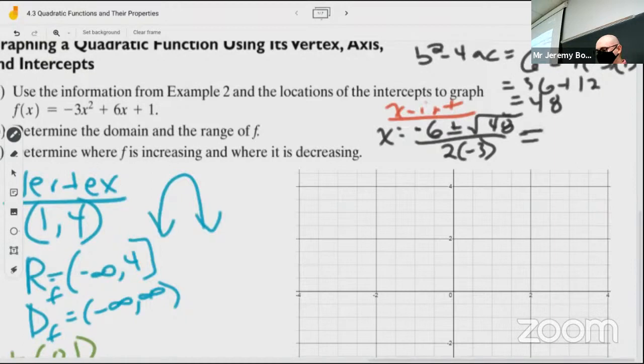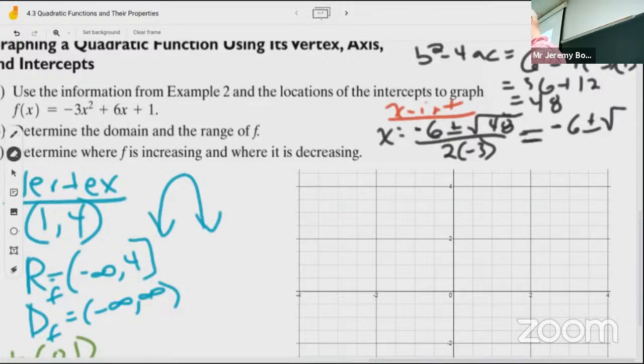So let's break it up. Negative 6 plus or minus. How could we break that up? 16 times what is 48? 3? Yep.